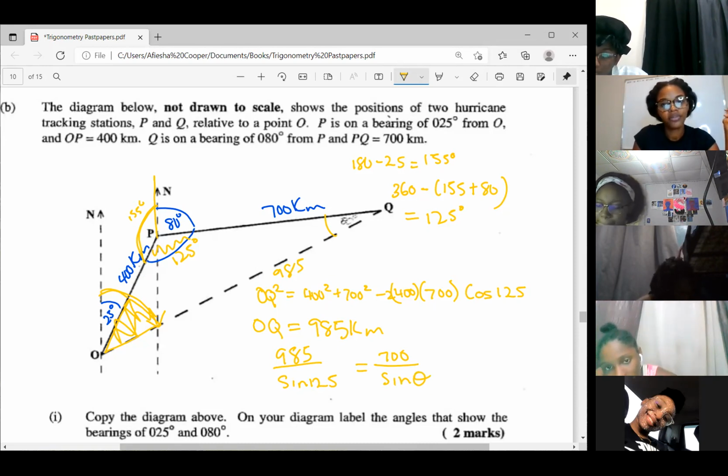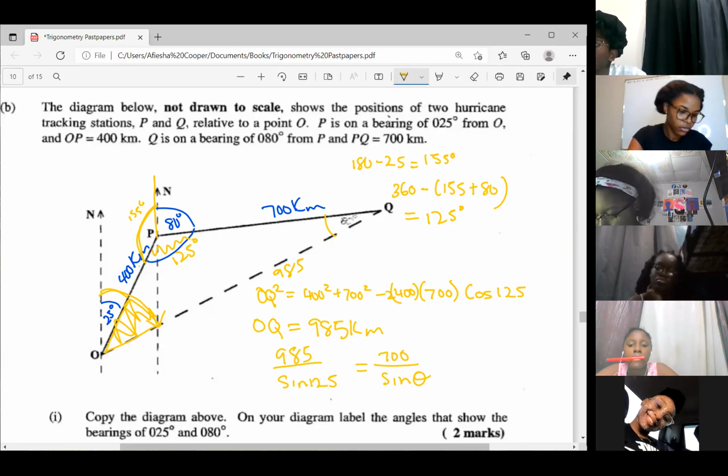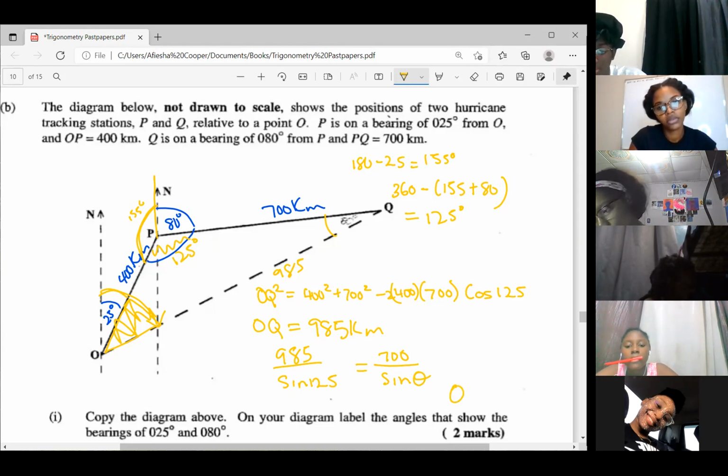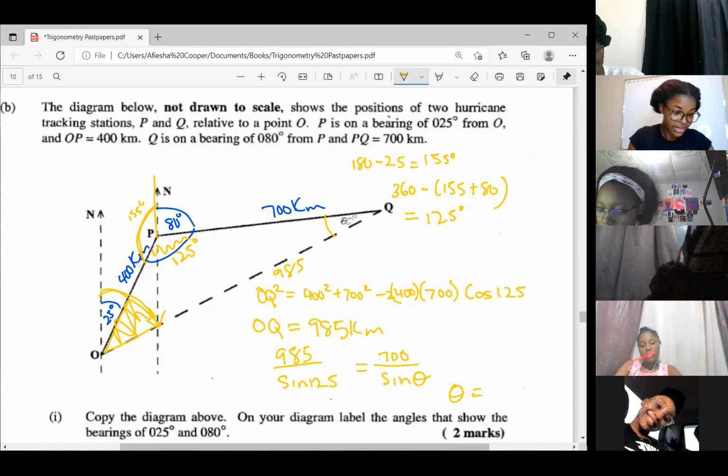So that will be 700 by sine 125 all divided by 985, which will give me what's my answer? 60.6 degrees. Sure about that? That's the answer? Oh, no, wait. No. 35.6. All right, thanks.